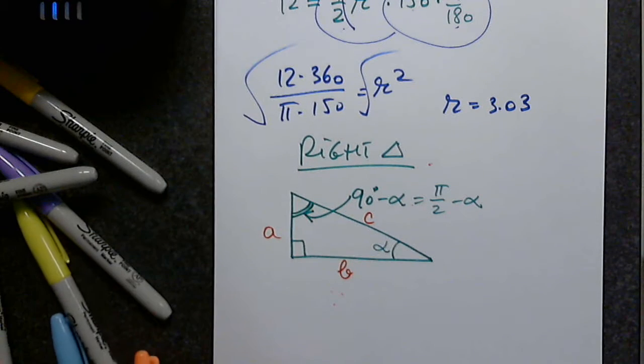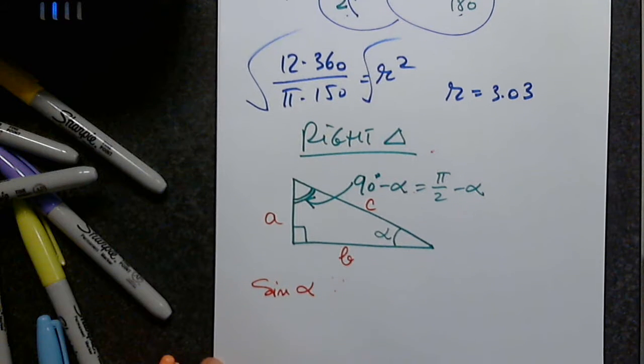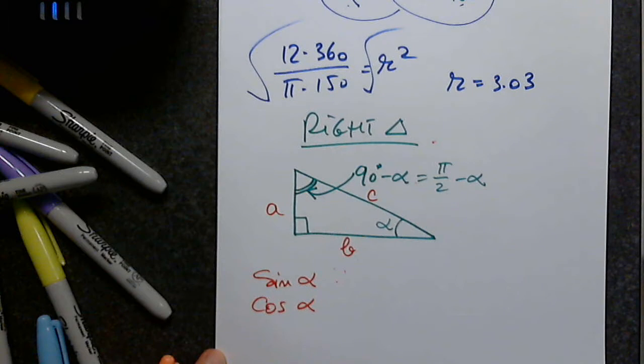We have 6 trig functions, and their inverses, 6 more. So first one is sine, S-I-N, alpha. Second one is cosine, C-O-S. Tangent, T-A-N. Tangent does not mean a line that is touching a curve.